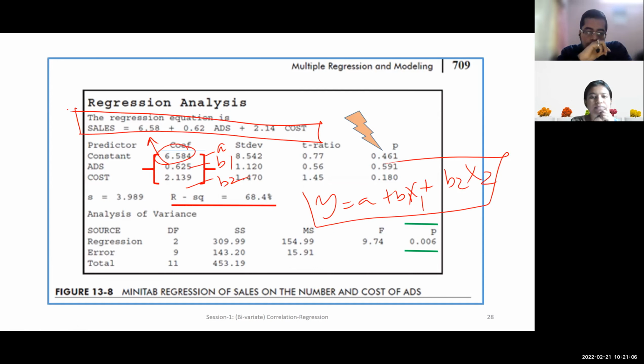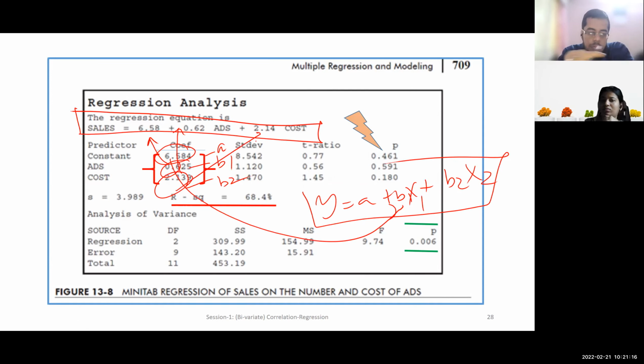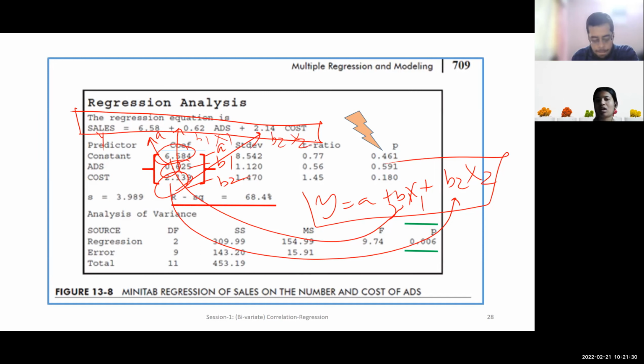So from this output, you have to write down the equation. This is B1, and this is B2. So this is Y, this is A, this is B1, X1, and this is B2, X2. Right? All of it clear? Yes, sir.